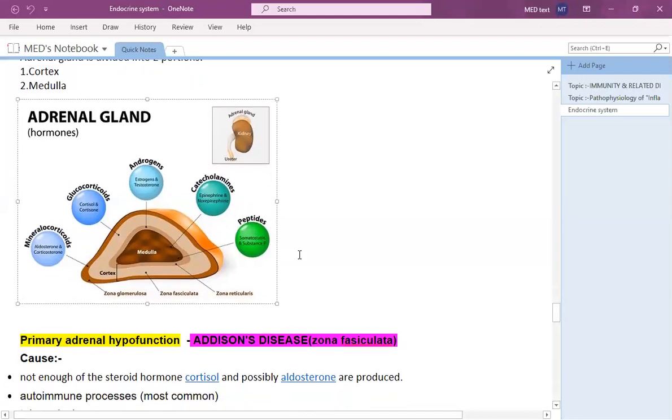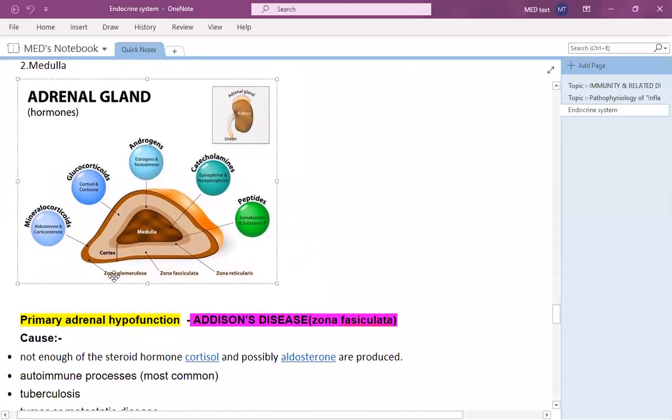All right, moving on further, the zona glomerulosa produces certain steroid hormones that are called mineralocorticoids. The mineralocorticoids include aldosterone and corticosterone. The middle portion is called zona fasciculata.